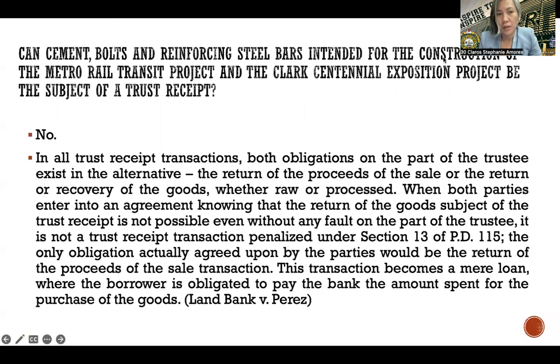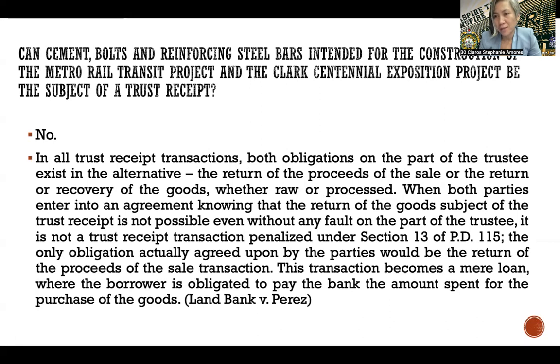Another case, can cement, bolts, and reinforcing steel bars intended for the construction of the Metro Rail Transit Project and the Clark Centennial Exposition Project be the subject of a trust receipt? Again, the Supreme Court held no. So in all trust receipt transactions, both obligations on the part of the trustee exist in the alternative, the return of the proceeds of the sale or the return or recovery of the goods, whether raw or processed.